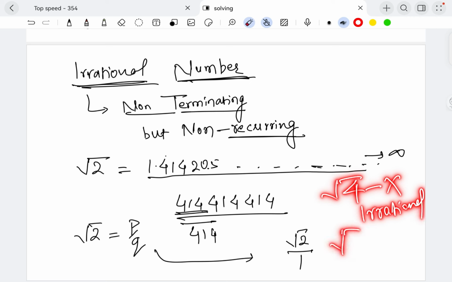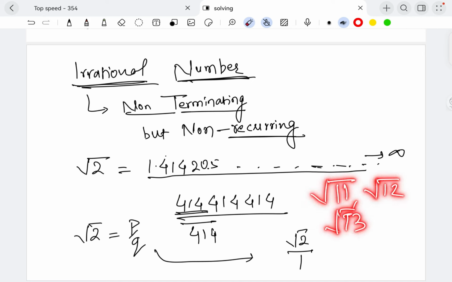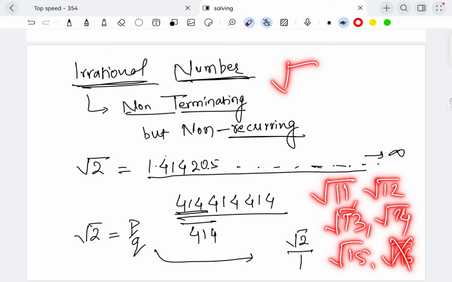What is an irrational number? Root 5. If you keep computing the value, it will come like somewhat 2.2 and so on, it will just keep going. The same holds for root 11, root 12, root 13, root 14, in fact root 15 also. But root 16, no. Root 16 cannot be, because root 16 has a proper square root, that is 4.